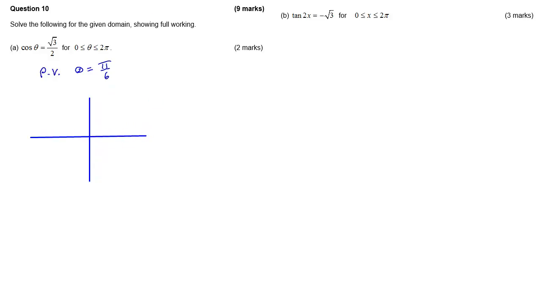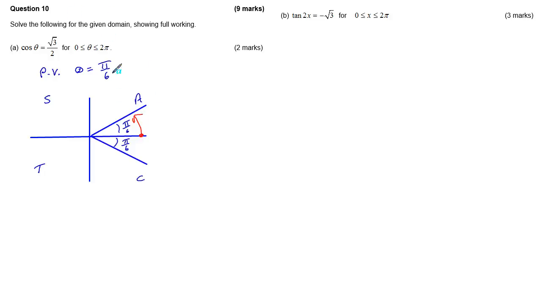Now it's a cosine and it's positive, so that means the other one will be in the C quadrant down here. So this one is pi by 6 and the angle here is pi by 6. And starting at 0, let's go and find solutions.